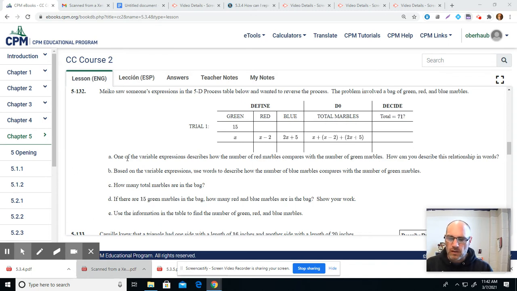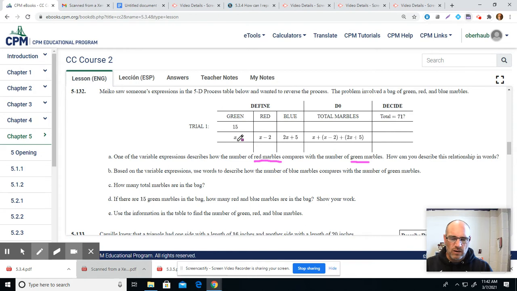One of the variable expressions describes how the number of red marbles compares with the number of green marbles. How can you describe this relationship? I want to describe the relationship between red marbles and green marbles. They didn't do anything to green, so green is going to be their guess.